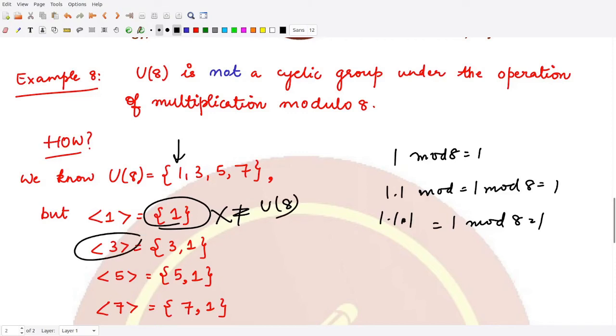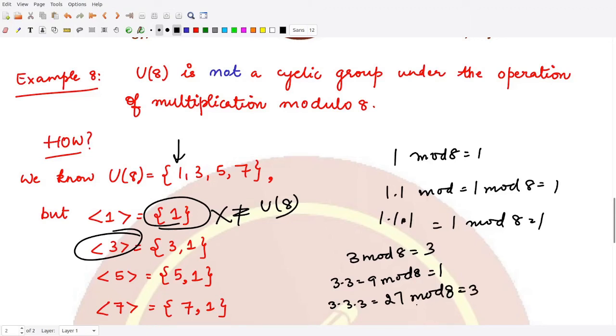Next, let's see about 3. You have 3 mod 8 equal to 3. Next, 3 into 3 is 9, and 9 mod 8 is equal to 1. 3 into 3 into 3 is equal to 27. So 27 mod 8 is equal to what? It is equal to 3, right? Because we have 24.